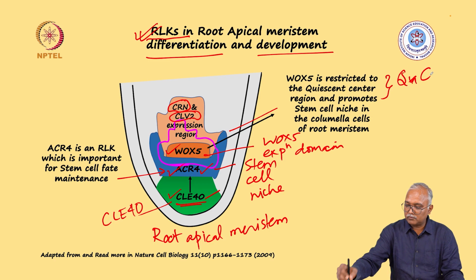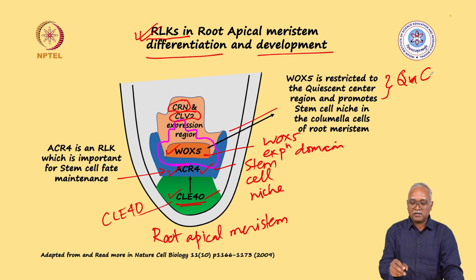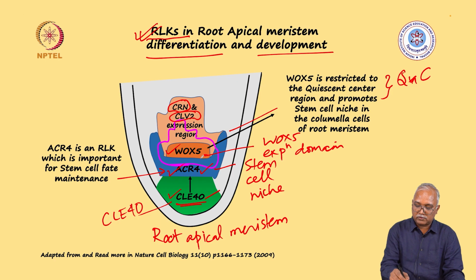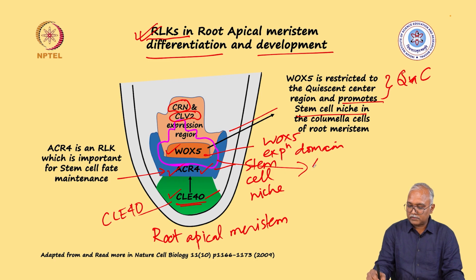If I say QC, quiescent center, basically the cells here are not actively dividing, but the regions around it are actively dividing. And the signal from WOX5 is promoting not only the quiescence activity in this region, but also promotes the stem cell niche in this region, which is ACR positive.